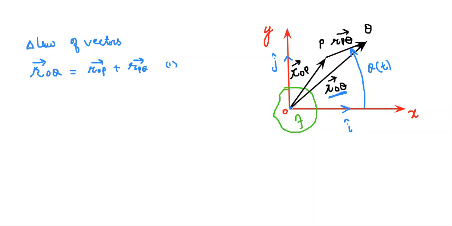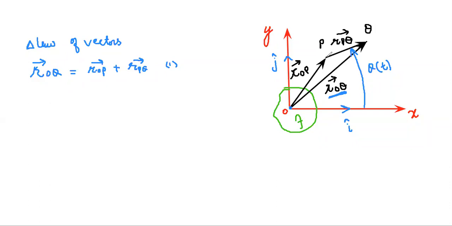This is very important, I am repeating. If we ask the observer on the ground what is the velocity of point Q with respect to you, the observer will say we have to differentiate this ROQ vector with respect to the ground frame of reference. Only then will that be the velocity of point Q with respect to the ground frame of reference.